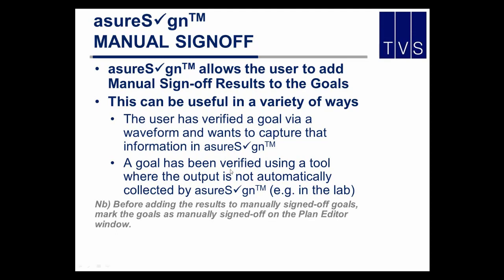Or that a goal has been verified using a tool where the output is not automatically collected by AsureSign, such as in the lab. So it allows you to, not every time, sometimes even the requirement might not require a test, so you could always just sign off and explain or justify how you've actually proven that that requirement feature is working.